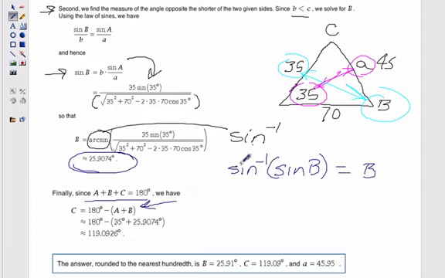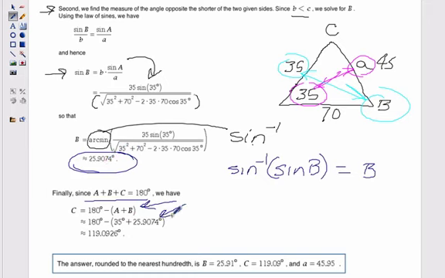We know that the sum of all three of those angles equals 180. So we just plug in the values from each of those. We know that angle A is 35, and if we were to do this calculation and store it in memory, then we could just recall it from memory here, add the 35, change that to a negative, and add 180 to get this answer.